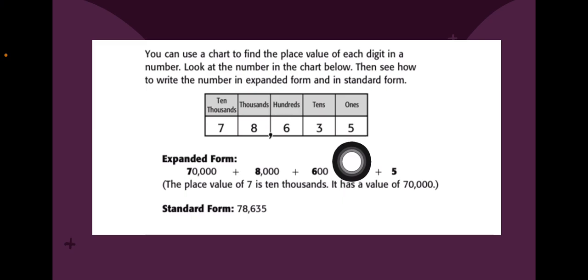Now here in the ones, 5, only 5, okay? Now let's read the number in the standard form. It will be 78,635. Okay?